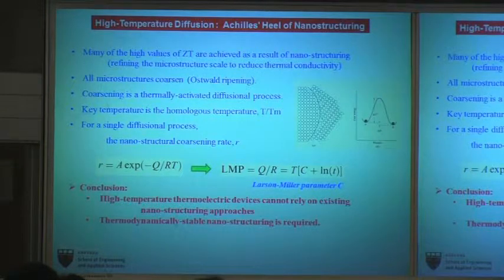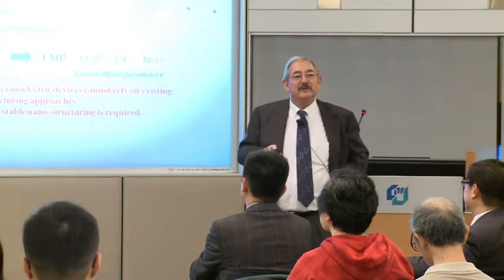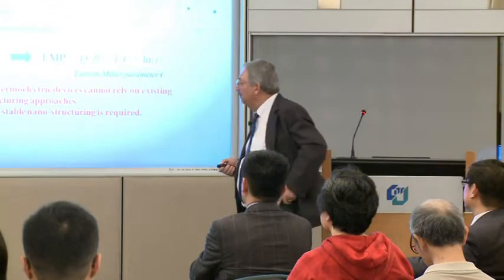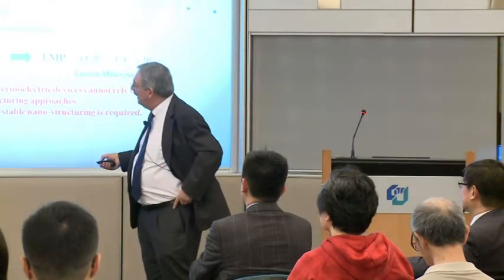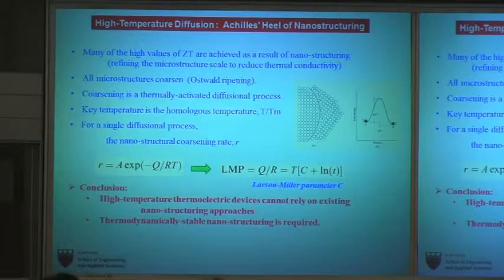So ideally, you want this term to be very low. But you can't, because it goes up as log t, and it goes in proportion to temperature. So the conclusion that you have to make, if you're interested in something that's going to last 5, 10 years as an energy source with no maintenance, is you cannot rely on existing nanostructuring approaches.